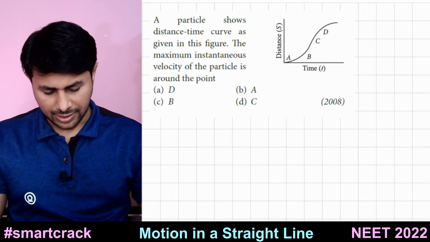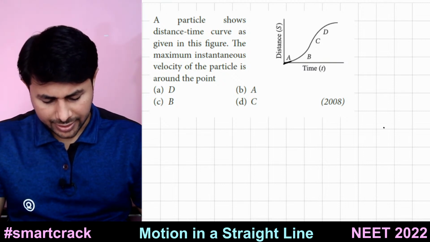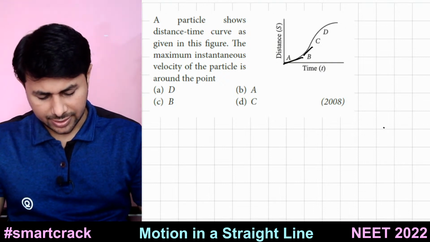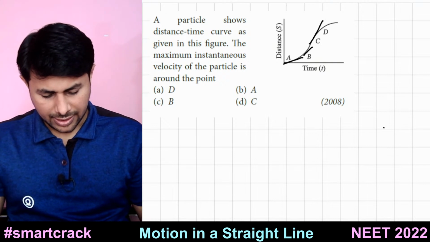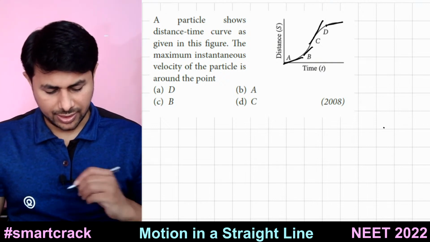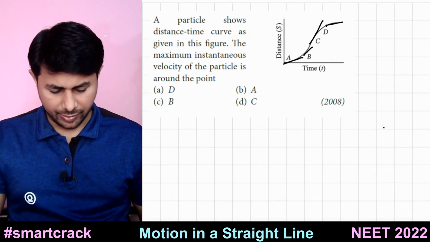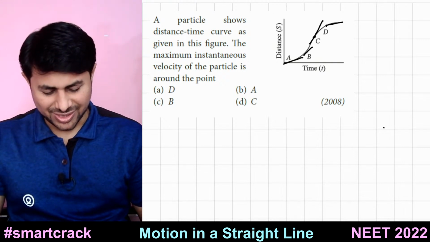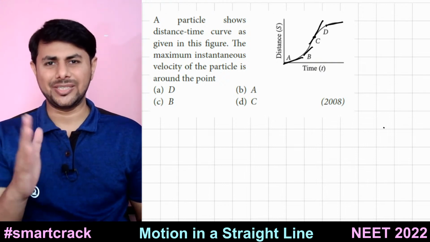Okay, and let's try drawing tangents at point A. At point B, it will be something like this. If this is point C, it is something like this, and point D is somewhere here, so it's something like this. Okay, so as my eyes can see, it should be option C. Okay, it is the steepest one.